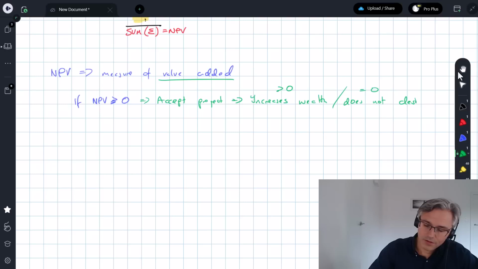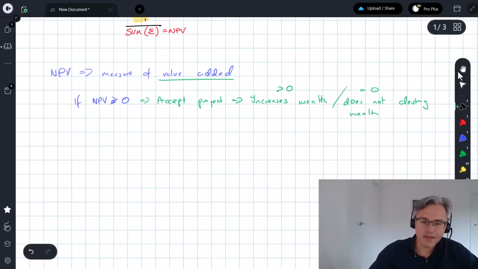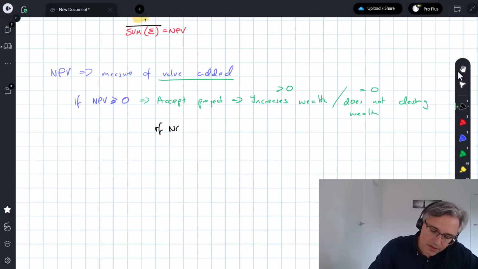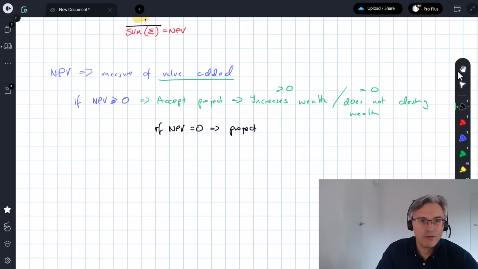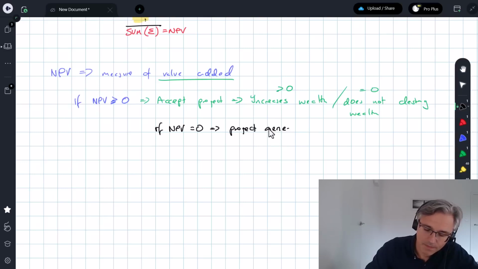And it's not that the project isn't profitable, it is. If NPV is indeed equal to 0, it means that the project generates a return which equals the required rate of return, which is absolutely fine.